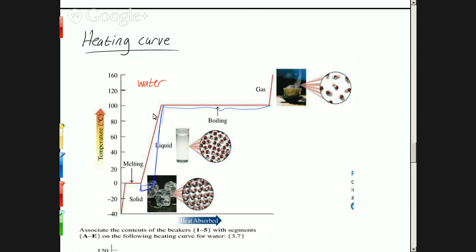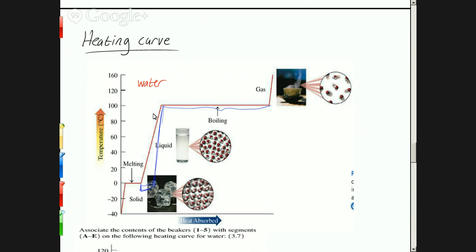You can even see with water that there's a difference. So look at, and they don't really talk about this in this part, but look at the two slopes between ice heating up and water heating up. So does that mean that ice or water has a higher specific heat? Water? Yeah. Why? Yeah.